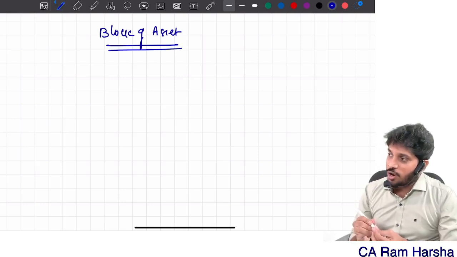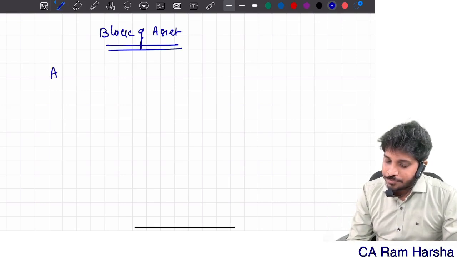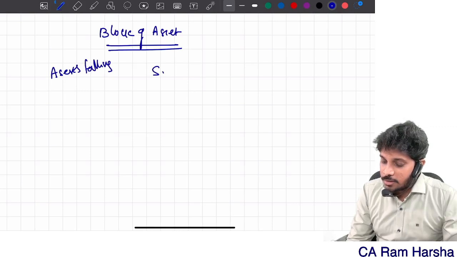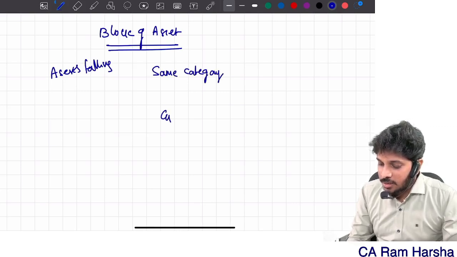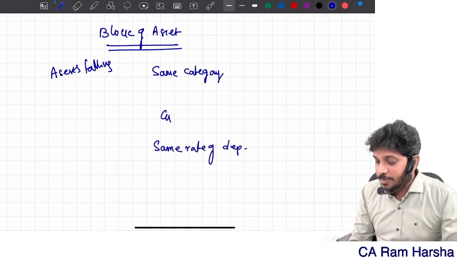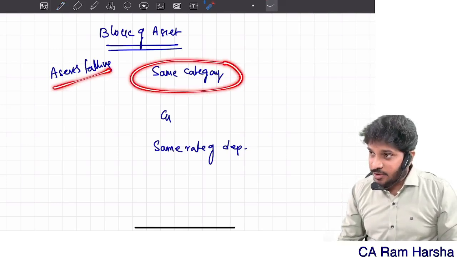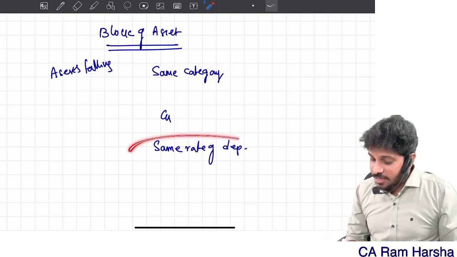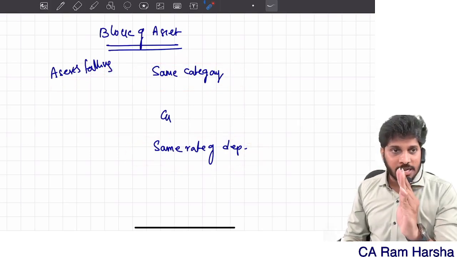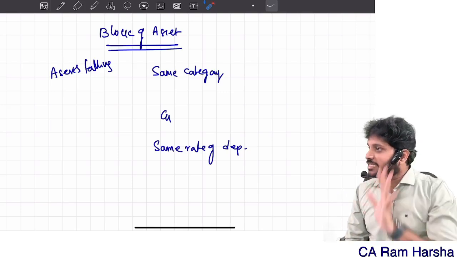What do you mean by a block of assets? A block of assets refers to assets falling under the same category and carrying the same rate of depreciation.